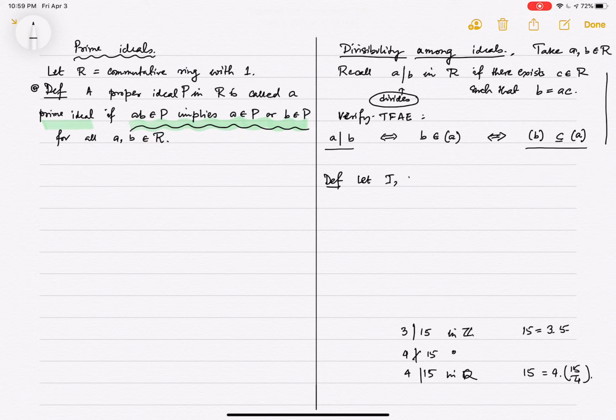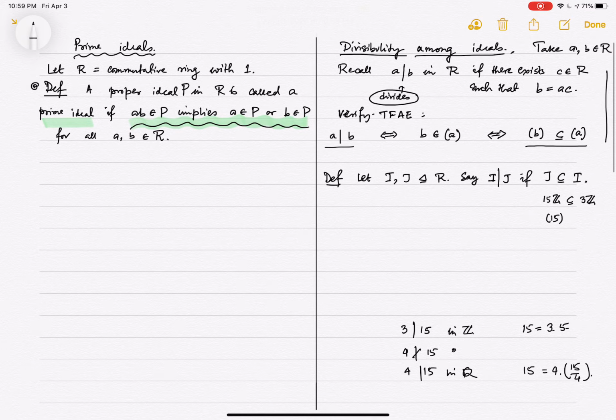Let I and J be two ideals in R. Say that I divides J if, you guessed it, J is a subset of I. So according to this definition, you see, multiples of 15 is a subset of multiples of 3, because any multiple of 15 is also a multiple of 3, or if you prefer in this notation, this is just saying that the ideal of 3 divides the ideal of 15.